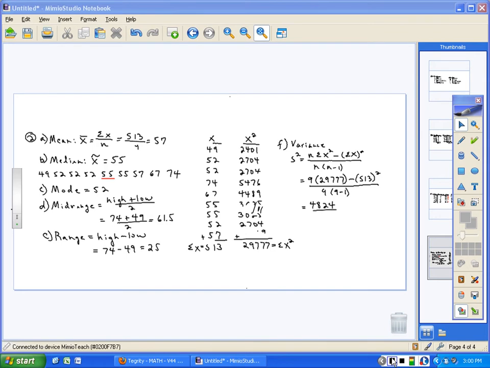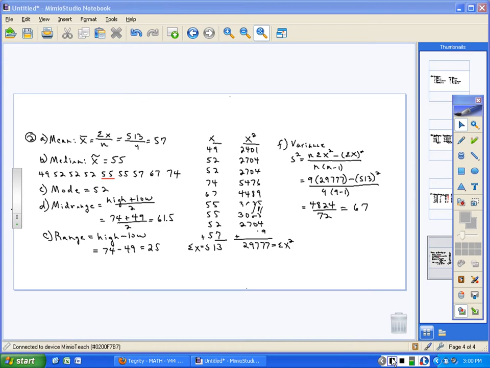In the denominator, 9 minus 1 is 8, so it's 9 times 8, which is 72. And then 4824 divided by 72 comes out to be 67. So the variance is 67.